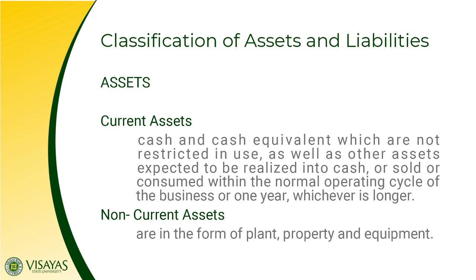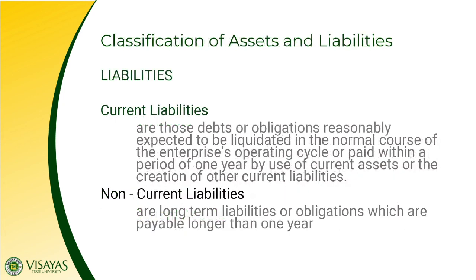These are classified as current assets. How about the non-current assets? These are in the form of your PPE. PPE stands for plant, property, and equipment. If you have building, land, machineries, equipment, they belong to non-current assets. For liabilities, they have two also, the current liabilities and the non-current liabilities.